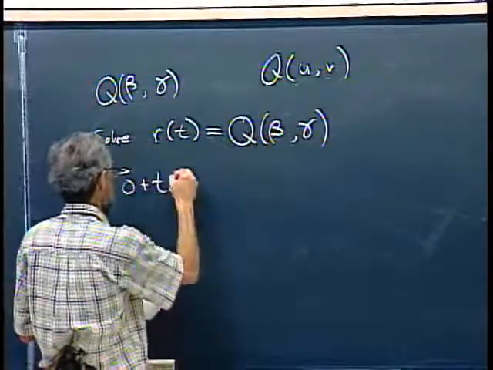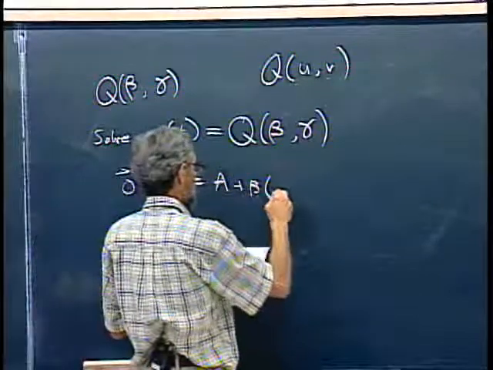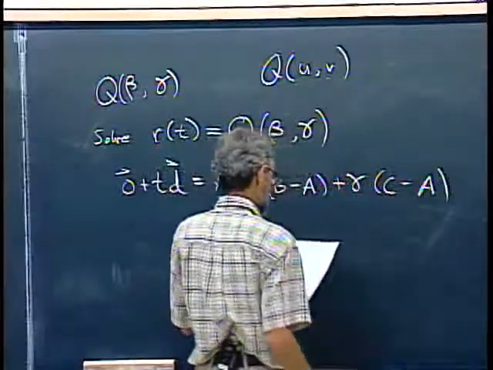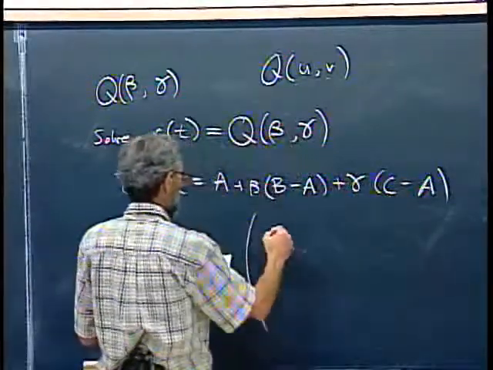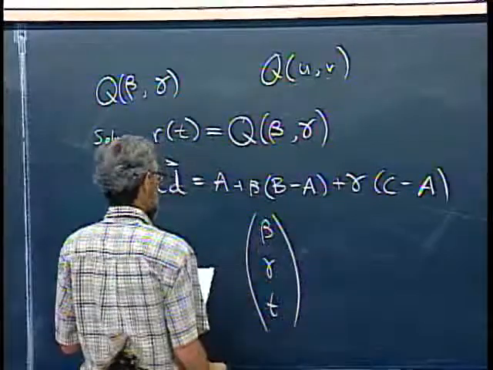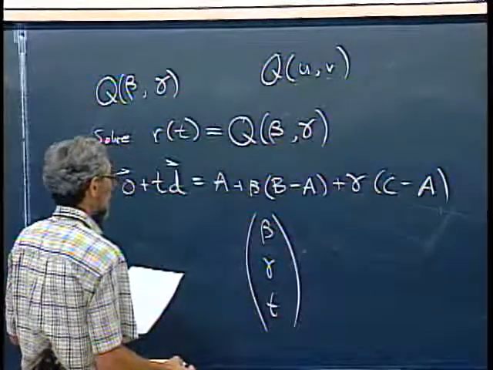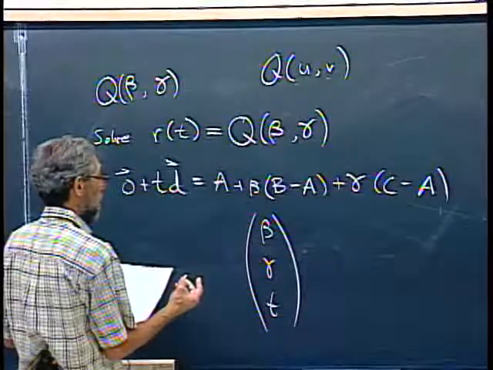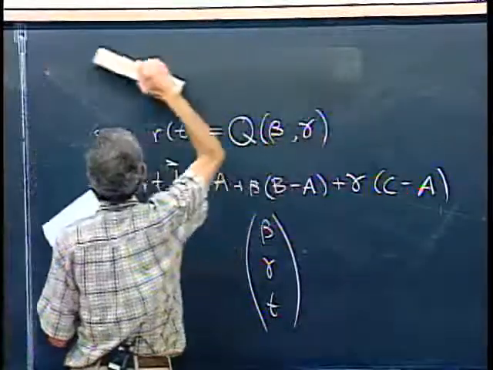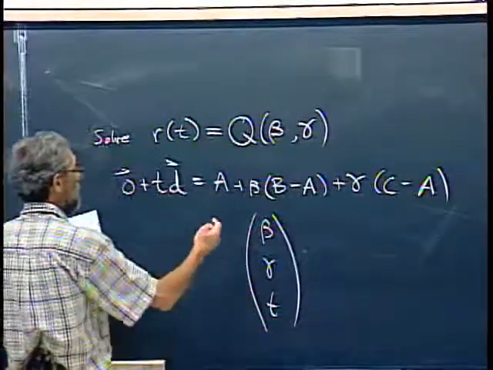O plus TD equals A plus beta times B minus A plus gamma times C minus A. So basically, our equations say, here are the unknowns, beta, gamma, and T. Let me erase this and write it so that the terms that multiply T, beta, and gamma are on the left and the constant terms are on the right.